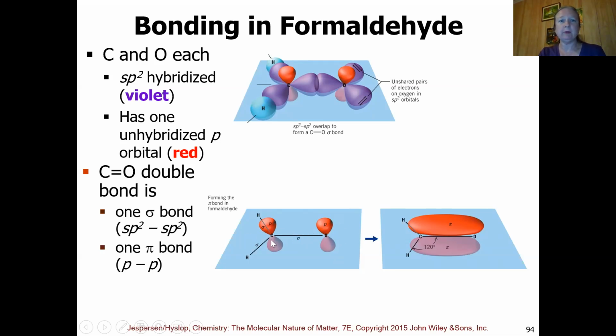it does give you a trigonal planar orientation, these also have sp2 hybridized orbitals.